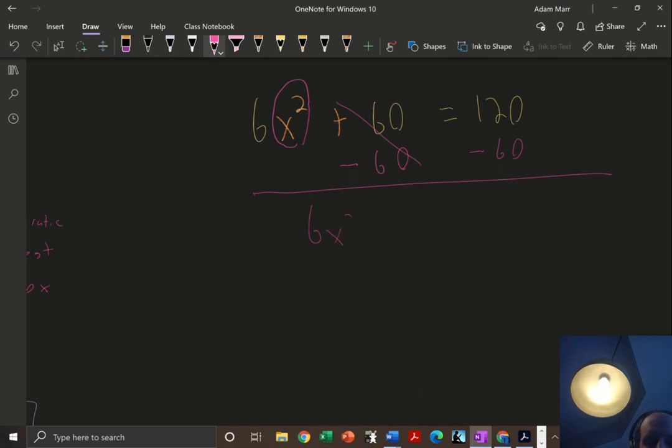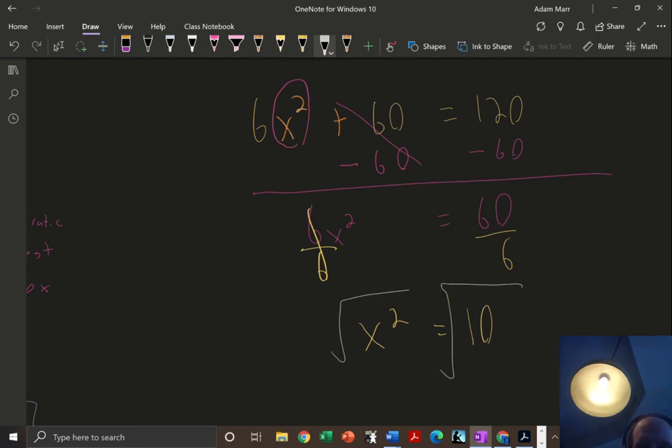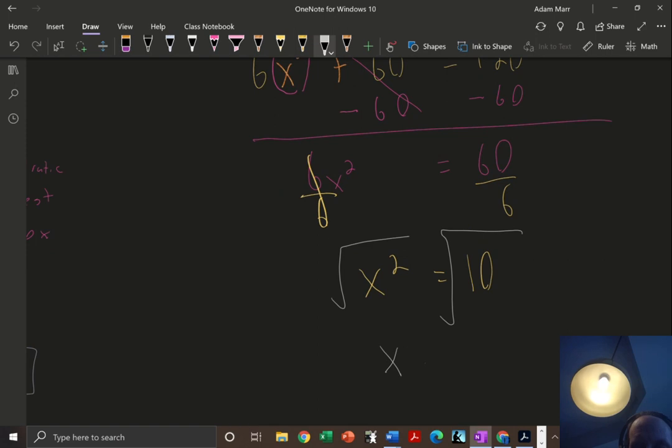I have 6x squared equals 120 minus 60, which is just 60. Then I'll divide by 6 on both sides. So I have x squared equals 60 over 6, which is 10. Now I'm going to take the square root of both sides. So I have x equals plus or minus square root of 10. Now I can't simplify square root of 10. That's about all I can do.